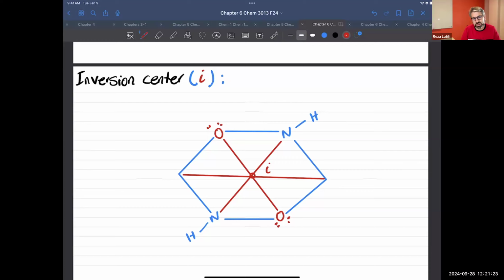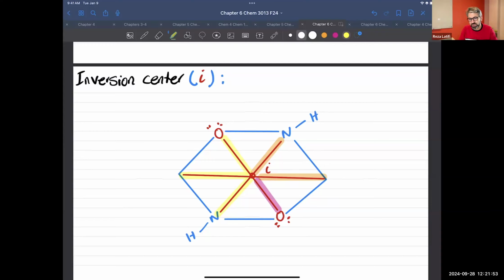From an identical position from that center, you're going to find a nitrogen across it. Same story for oxygen. If you measure this distance and keep moving in that direction, you will see another oxygen. And last one, if you measure this distance, you will see carbon here.